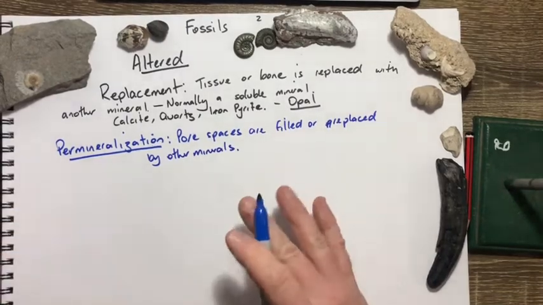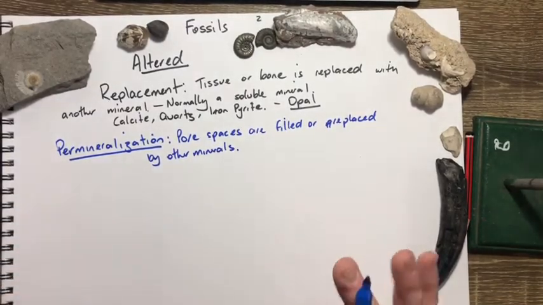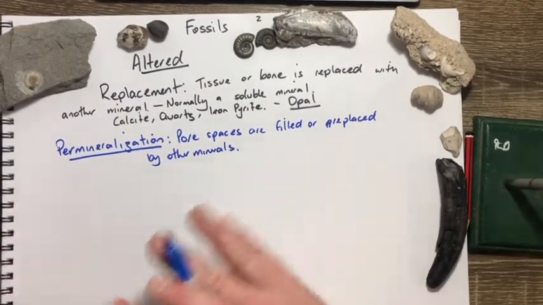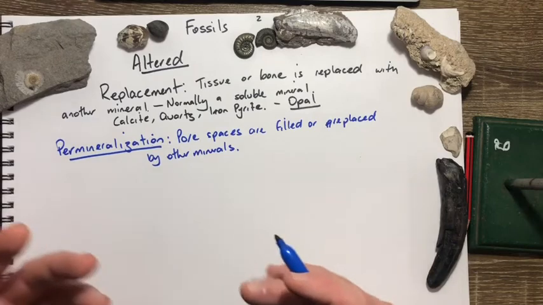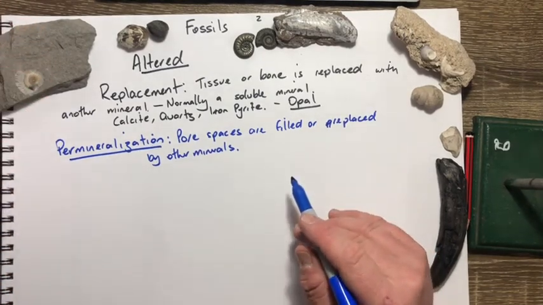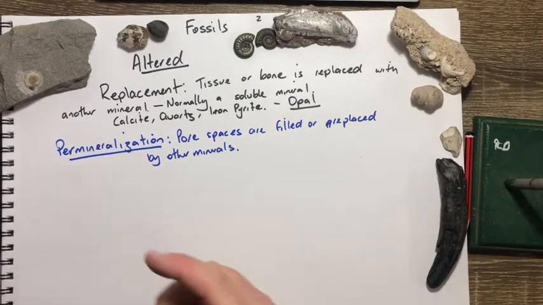And it's very similar to replacement. Sometimes this permineralization occurs really slowly, and you only see partial mineralization of a fossil. I don't have any samples of that to show you, I'm afraid. Let's go to the next one.